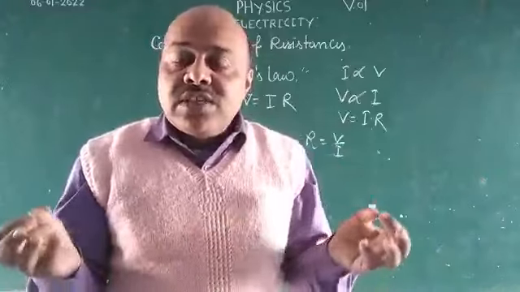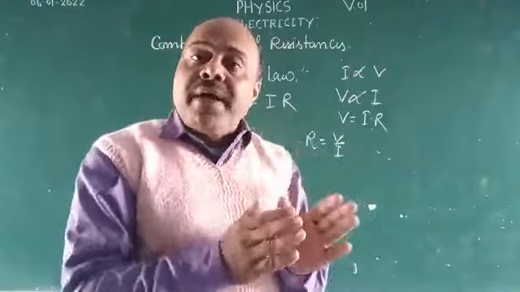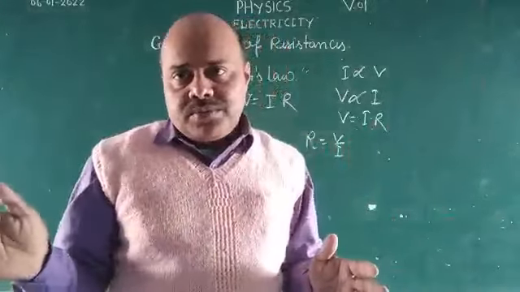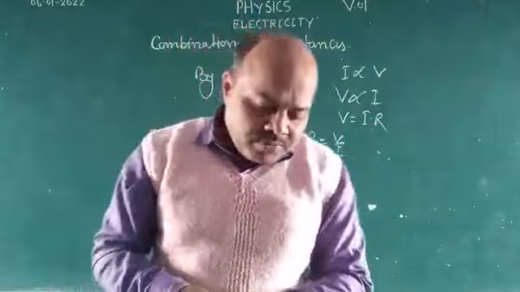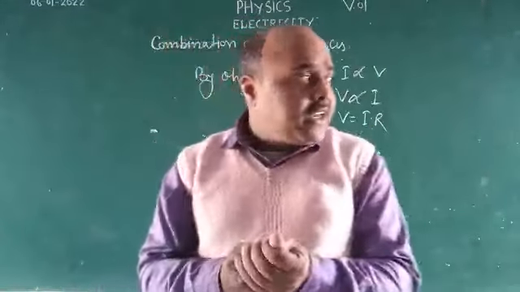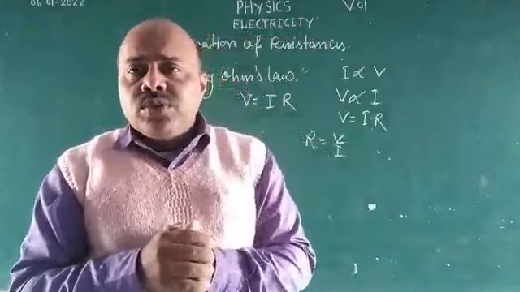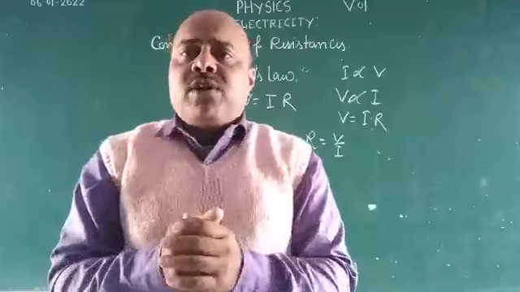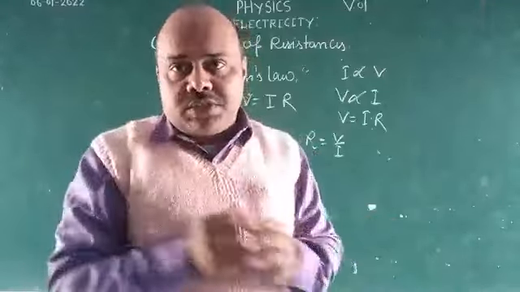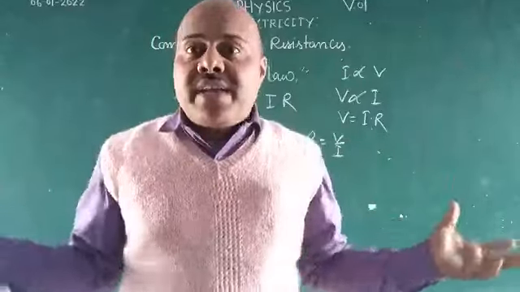is called a series combination, because two or more resistances can be combined in two ways, one in series and the other in parallel. Dear student, apart from potential difference, a current in a circuit depends upon the resistance. When we apply a potential difference, the current begins to flow in a particular direction, because the electrons otherwise move in zigzag directions.